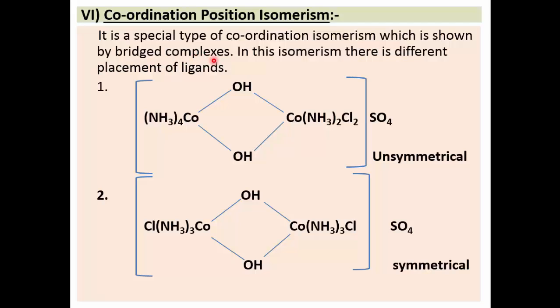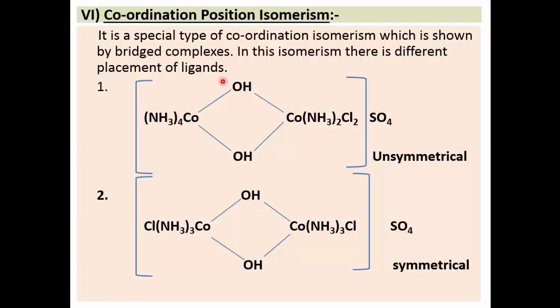Again I repeat, in this isomerism there is different placement of ligands and it is shown by bridged complexes. So the position of ligand is changed and therefore coordination position isomerism is the name of this type of isomerism.